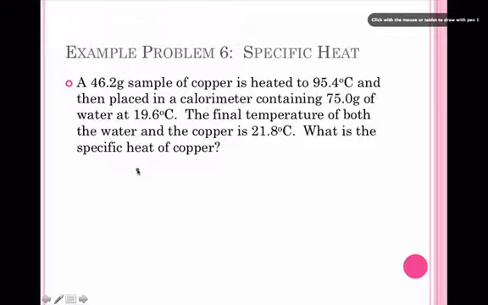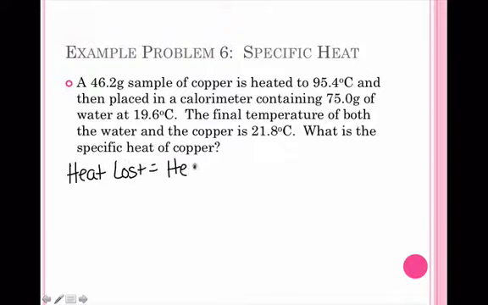But in this problem they're telling us it's copper, and they just want us to calculate the specific heat of copper. So when we're doing these, we need to remember that the heat lost is equal to the heat gained. Either the metal or the water is going to be losing energy and the opposite one has to be picking it up. When you're looking for heat lost, we want to think of the substance that is going down in temperature, and that would be the copper.